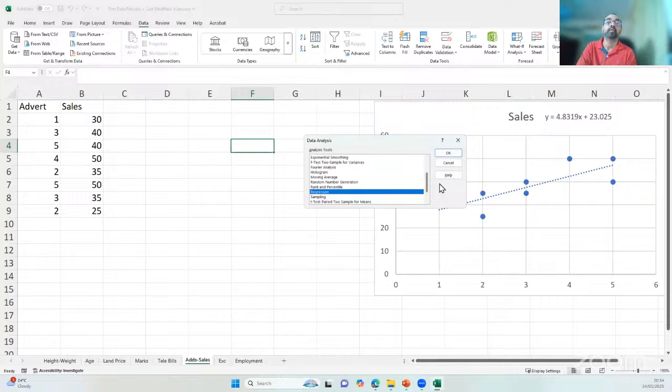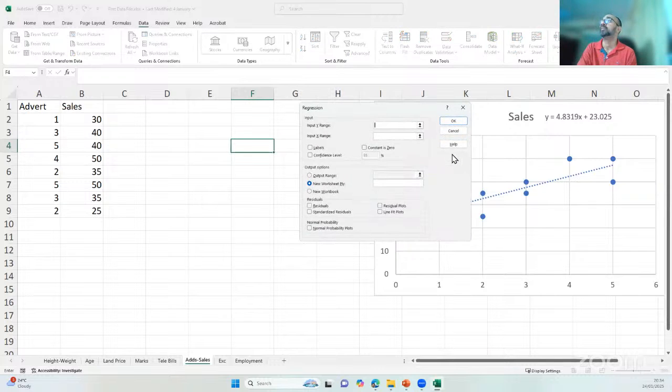So I select regression and go to OK. Then it will open this dialog box where I have the X range and the Y range. X range is the independent variable data range, so I will include the advertisement expenditure as the X range because that is the independent variable.